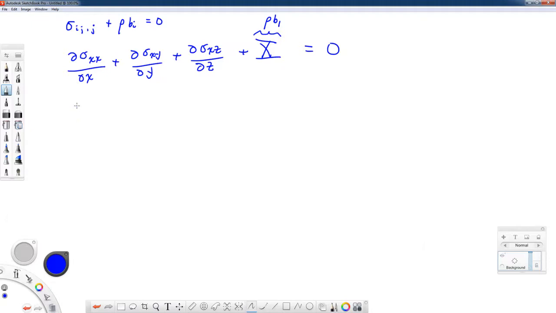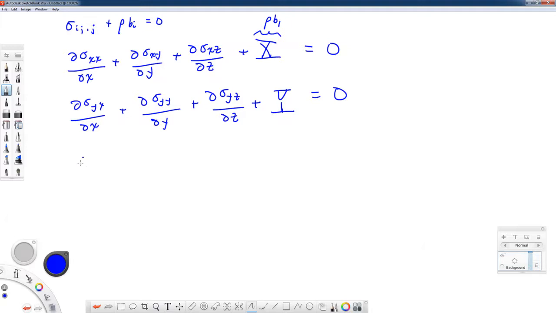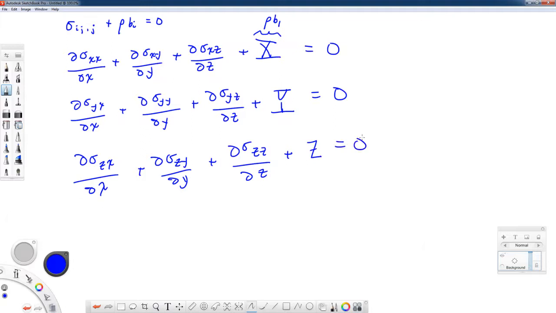Okay, I'm going to go ahead and write down these others. We have a y term, capital Y, and then the last one as we have here. And again, these are the equilibrium equations.